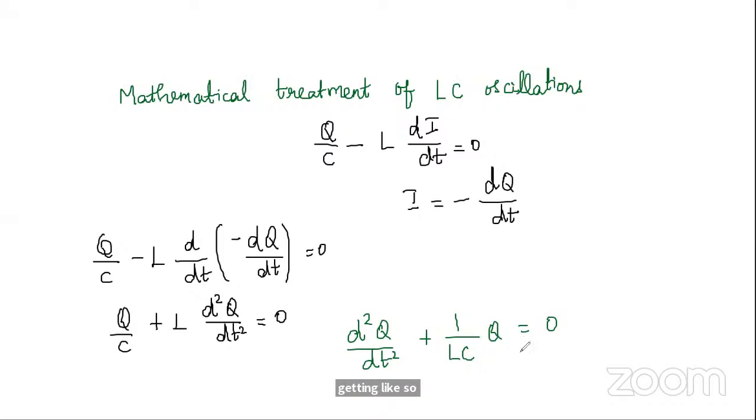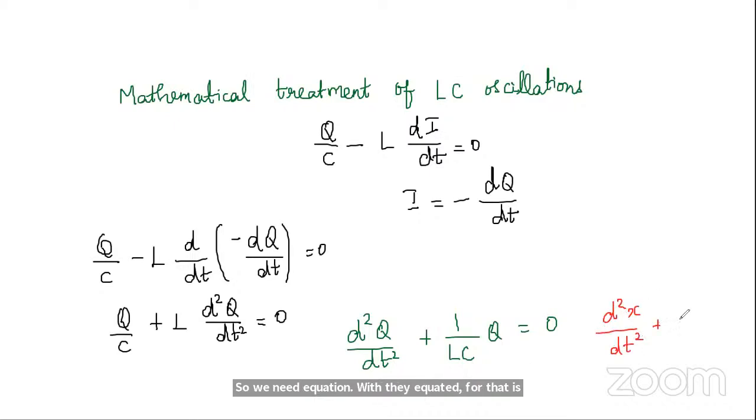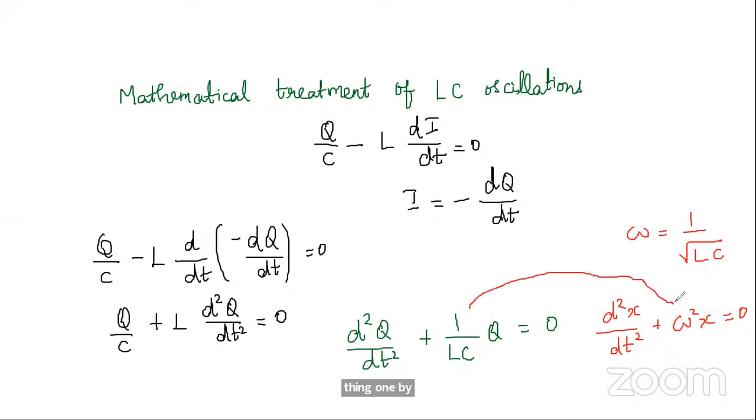So when you compare this equation with the equation for a simple harmonic oscillator, that is d squared x by dt square plus omega square x equal to 0, we will be getting omega equal to 1 by square root of LC, because omega square is actually equal to 1 by LC. So omega equal to 1 by root of LC.